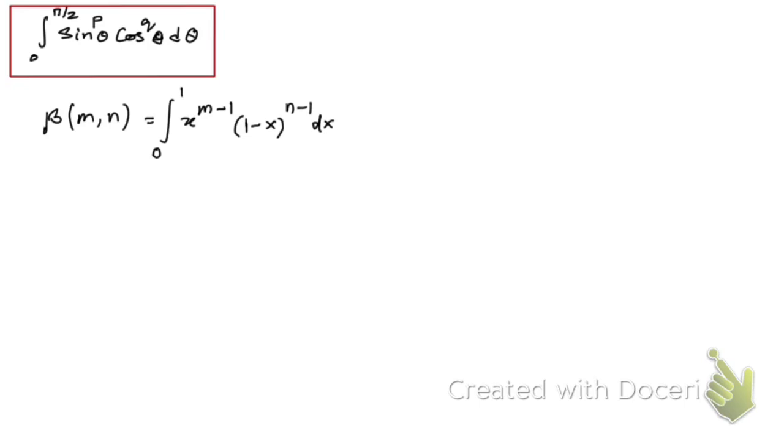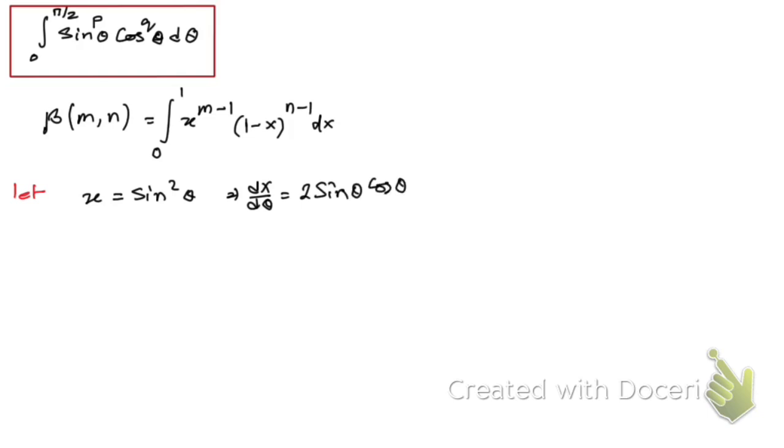Now let us consider that x is equal to sine square theta. If x is equal to sine square theta, if we differentiate both sides with respect to theta, then we get 2 sine theta, and the derivative of sine theta again, cos theta.